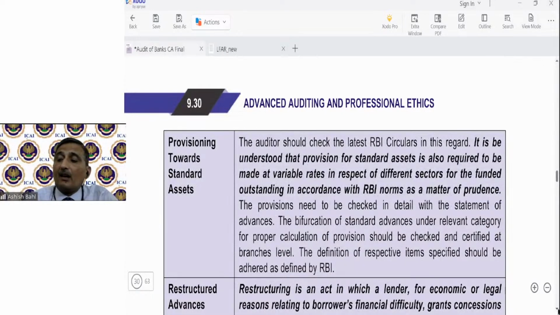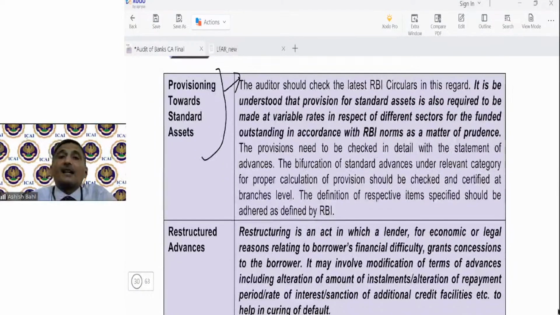And provisioning towards standard assets. Now you would be amazed to learn that a provision is also required to be made in respect of standard assets. Why is it so? You would say that these are all standard asset accounts running regular. Then why is provision necessary?